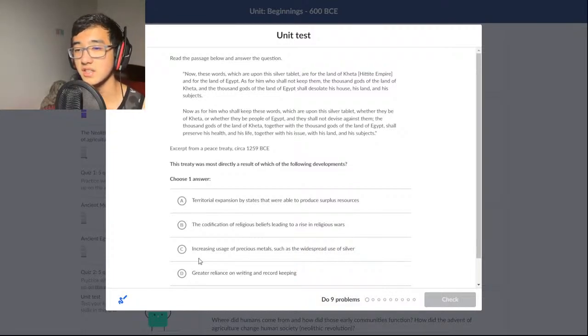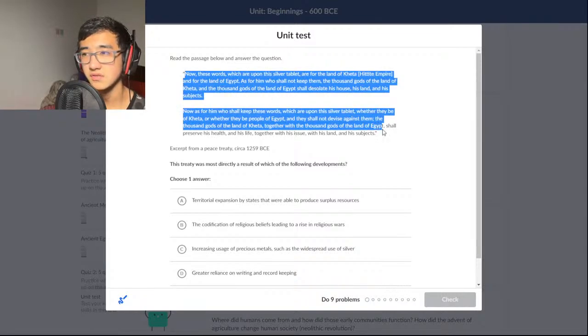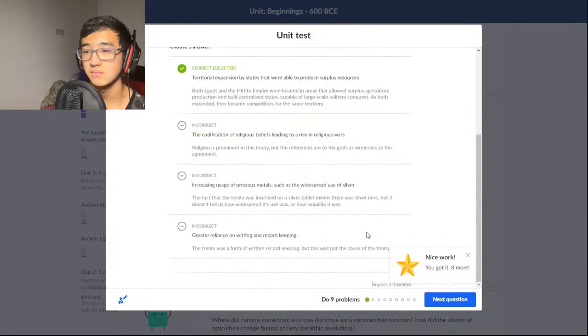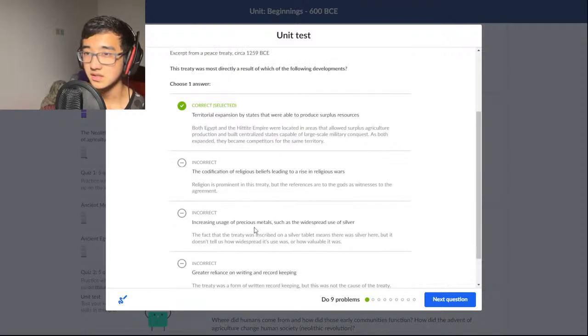Actually, no. D is a distractor, because record keeping is very important, which will result in keeping treaties. However, this question is about the overall context of the treaty itself, not about writing treaties. So I think it's A. Yep. Yeah, I was right. These two were wrong.